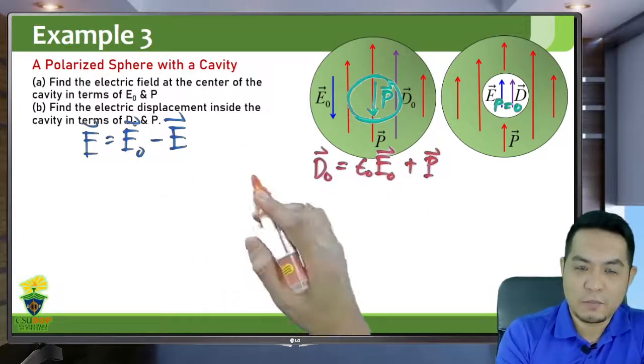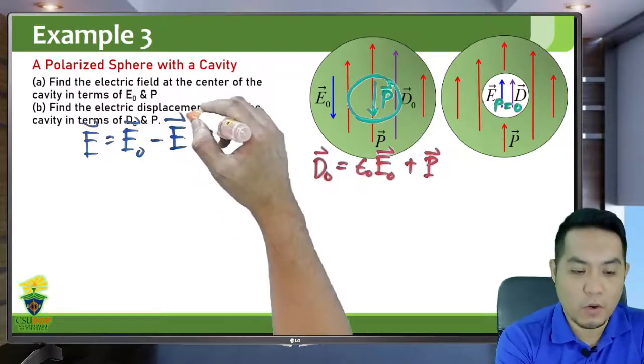And we have already solved for the electric field of a polarized sphere.